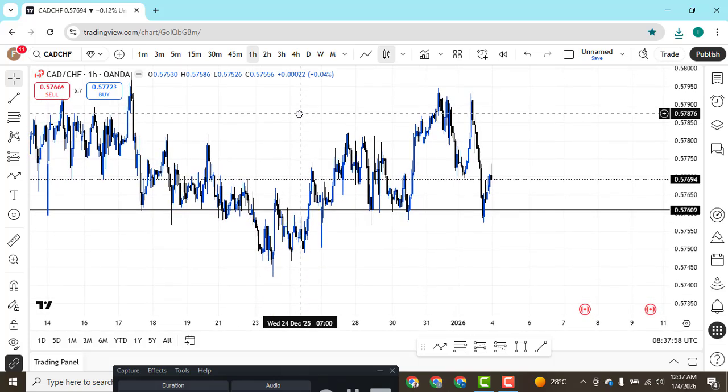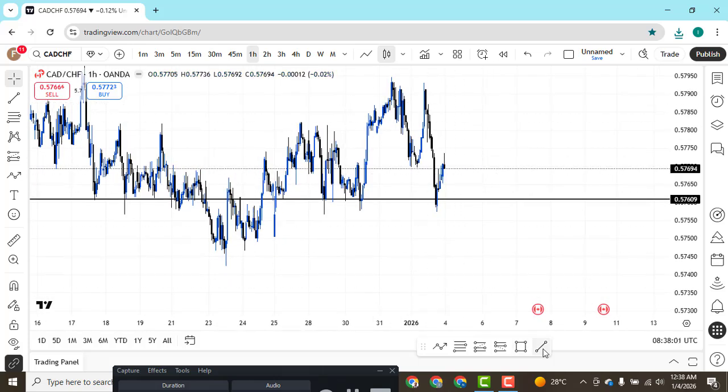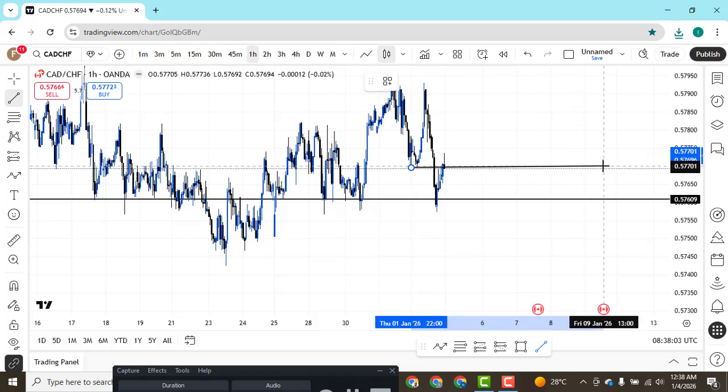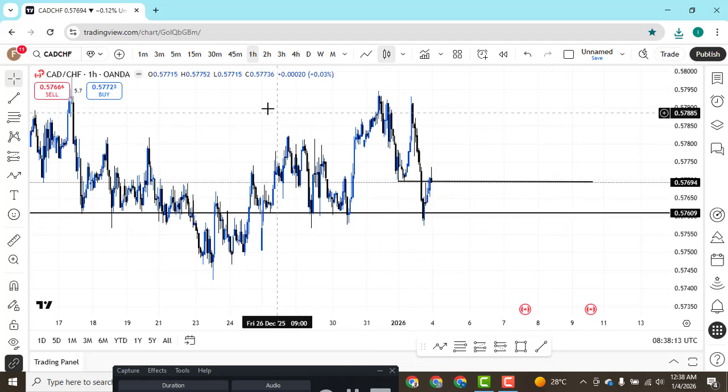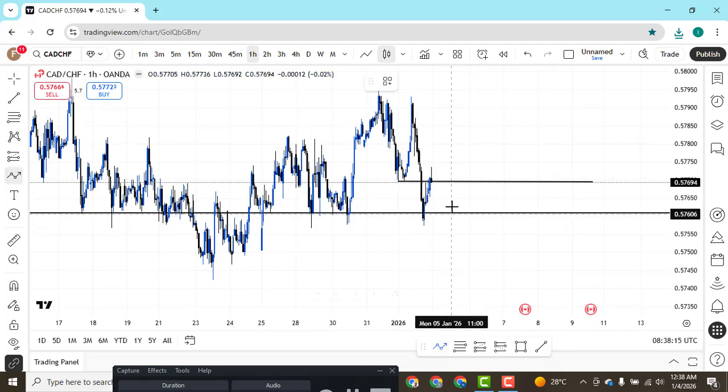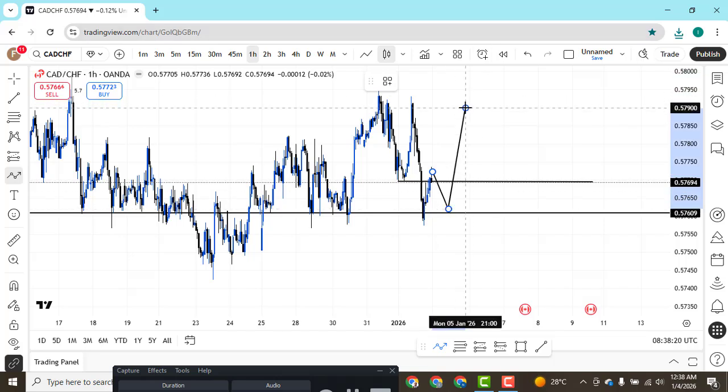CADCHF has already cleared this point, which I see as liquidity. It cleared this as liquidity and came to retest at this key level. As it came to retest, what I would advise you to do is wait for CADCHF to do something like this and go up.